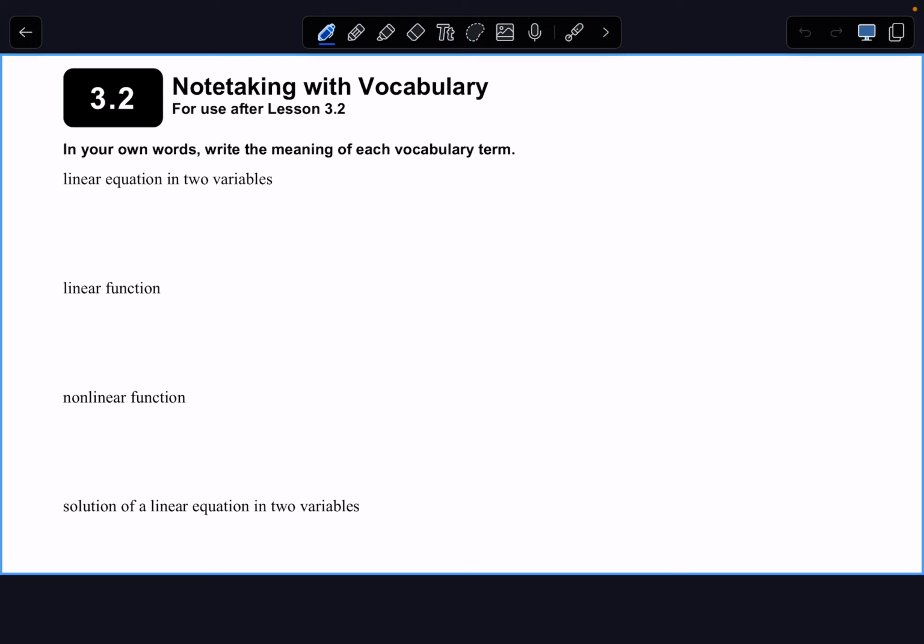So, if we have a linear equation, we're going to first talk about the equation. We are going to have something that looks like this, like y equals 2x plus 3.